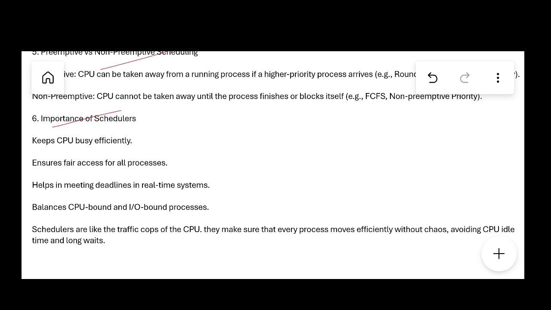So we can take another example. We can take a CPU scheduling story, like a CPU cafe. Imagine a cafe called CPU cafe and the CPU is the chef. Customers are processes.